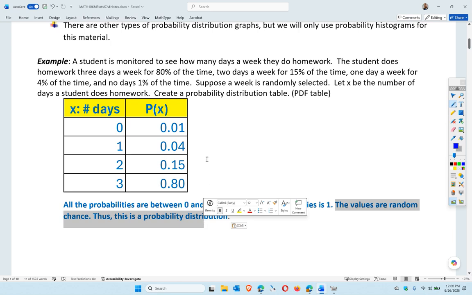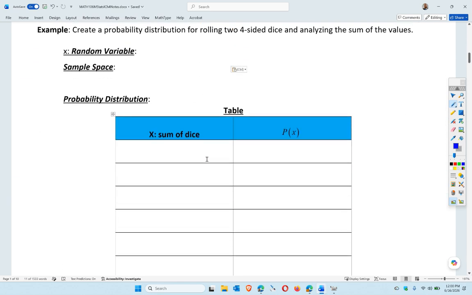Okay, so let's do an actual one from scratch here. So let's say we have 2 4-sided dice that we're rolling. So obviously that is random because you can't control the dice unless some magic, I guess, or they're loaded dice. So the sum of 2 4-sided dice would be the random variable here, right?